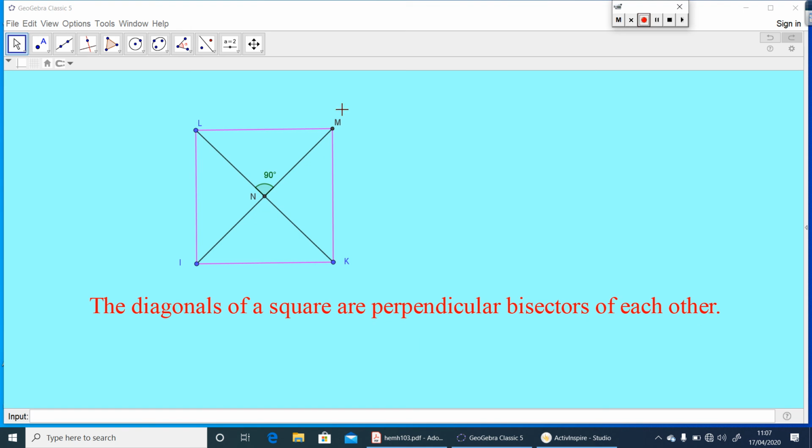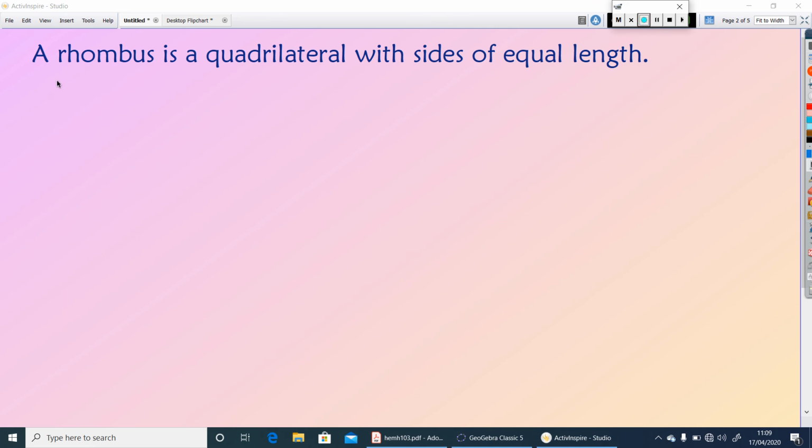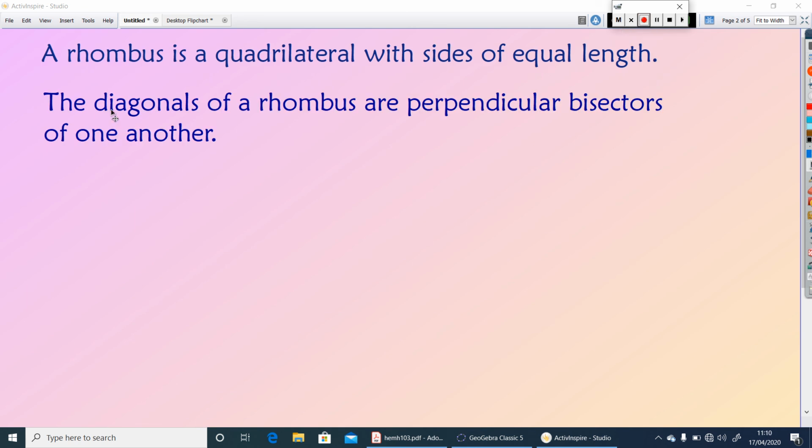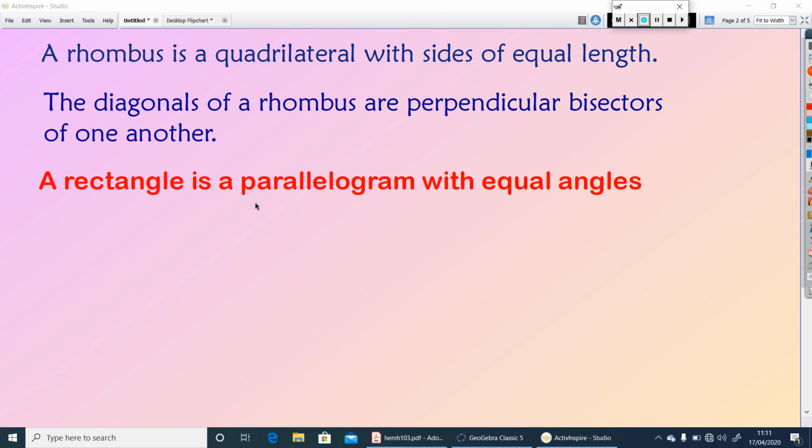Now let us check what we discussed so far. First we discussed a rhombus. A rhombus is a quadrilateral with sides of equal length. Then we discussed a property of a rhombus: the diagonals of a rhombus are perpendicular bisectors of one another. Next, we discussed a rectangle. A rectangle is a parallelogram with equal angles.